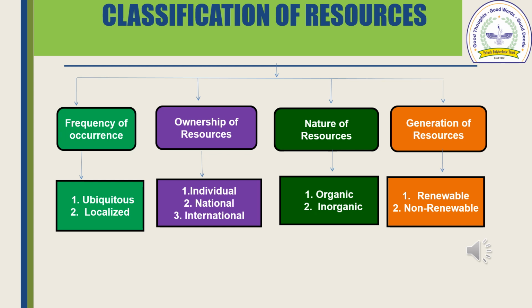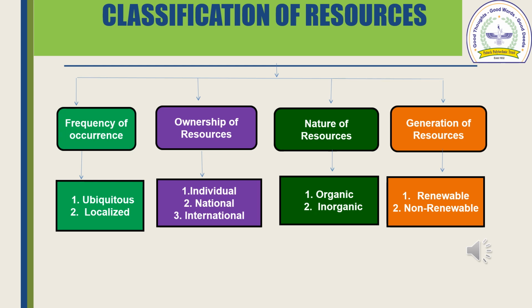Now, the next point is ownership of resources. Resources can be further classified in the following three groups on the basis of their ownership. Number one, individual resources. Number two, national resources. Number three, international resources.